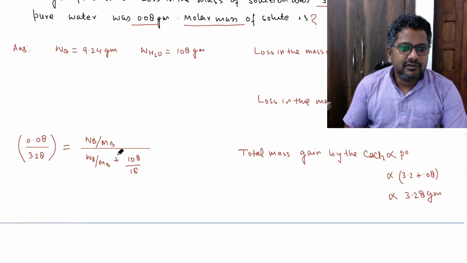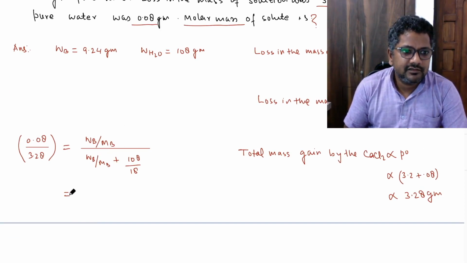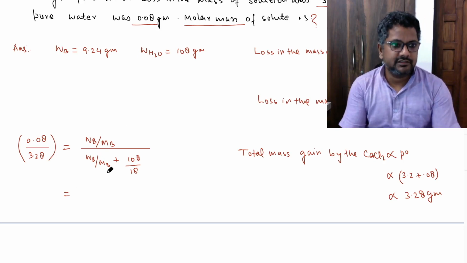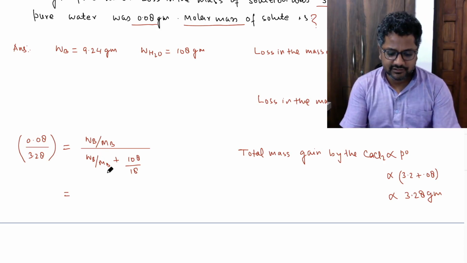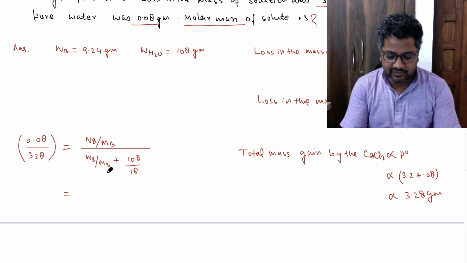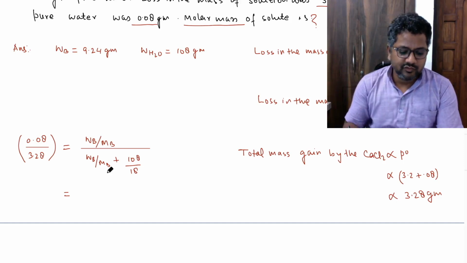Or if you want you can calculate this, because this is 9.24 gram, so 0.08 divided by 3.28 is equal to 0.024.